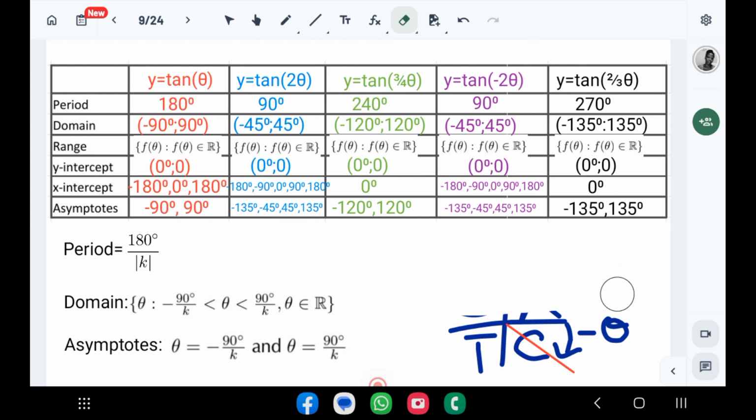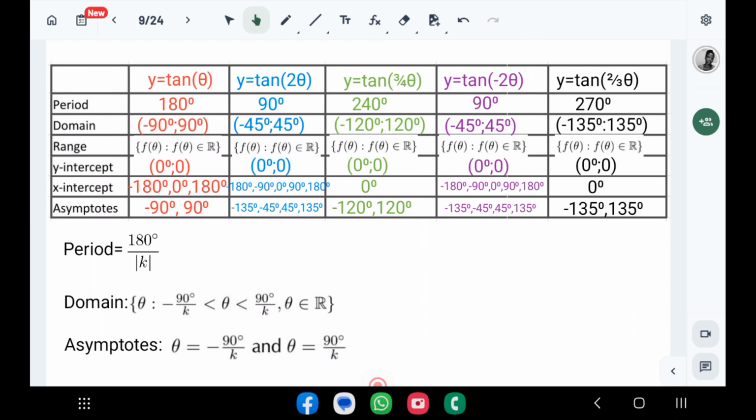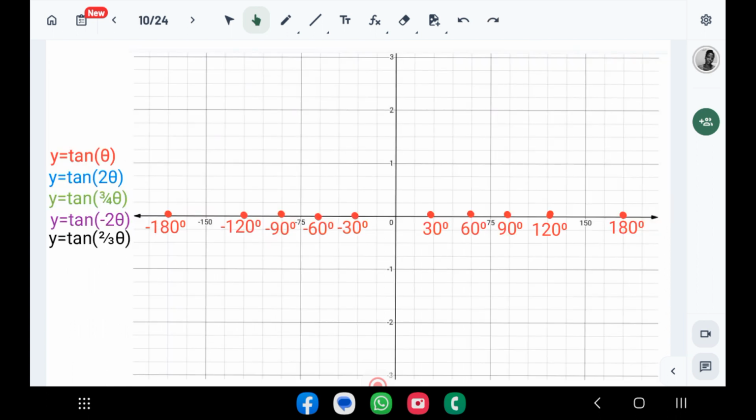Keep that in mind. Now, okay, let's take this table and apply it to drawing the graphs. We're going to start with the standard one because that is the easiest to draw. In fact, I encourage you to start with the standard one all the time so it gives you a much better perspective. Now the standard one is very simple.